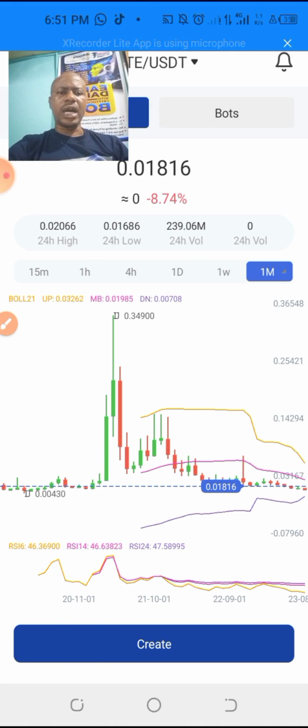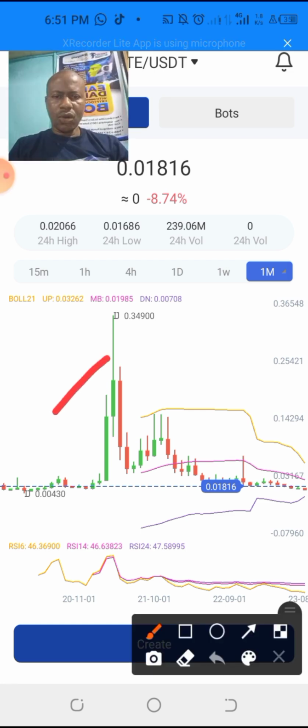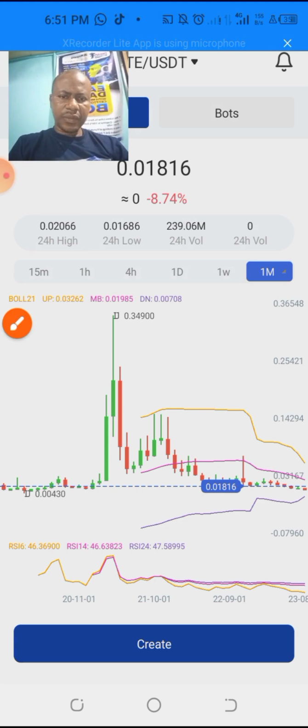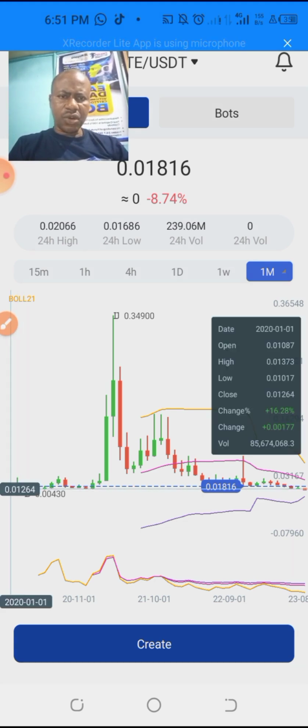Okay, this is an old coin, I've seen it. If I put my hand on the first coin, it will give me the history of the coin. You can see the coin was launched in 2021. In that box, you will see a date in 2020, on the 1st of January.